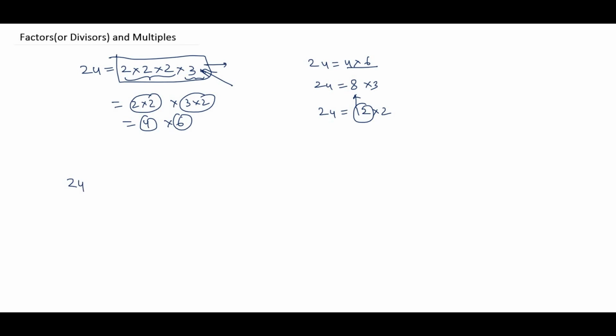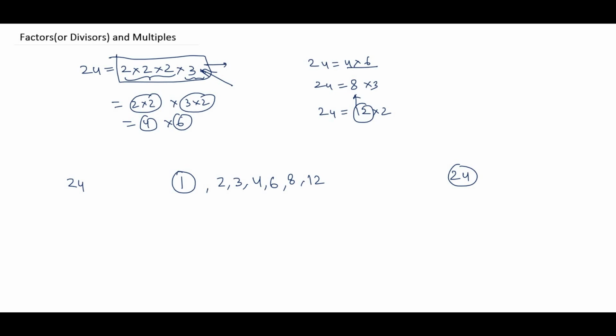So for 24, the starting point should be 1 and the ending point should be 24. These are the improper factors of 24. Now we will write the proper ones: 2, 3, 4, 6, 8 and 12.